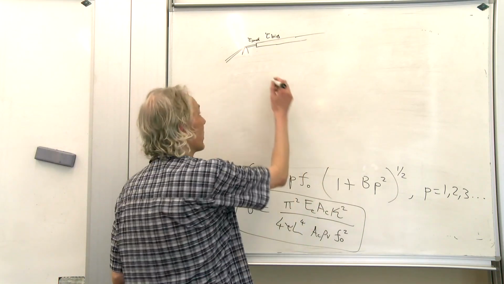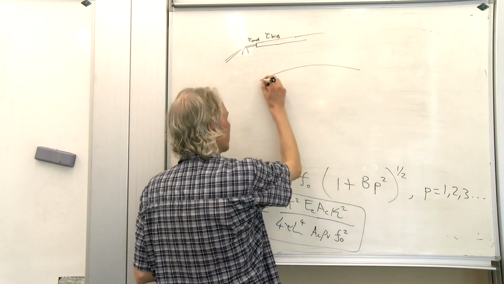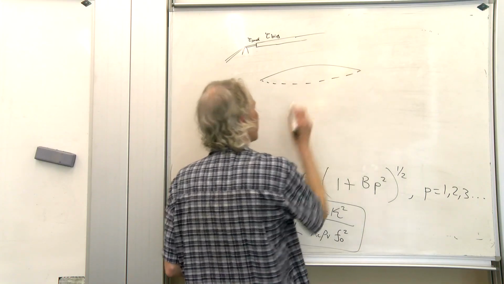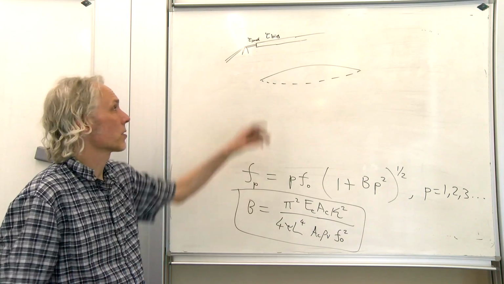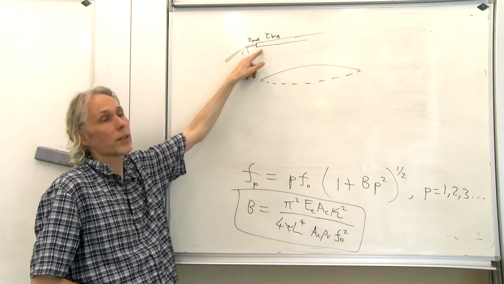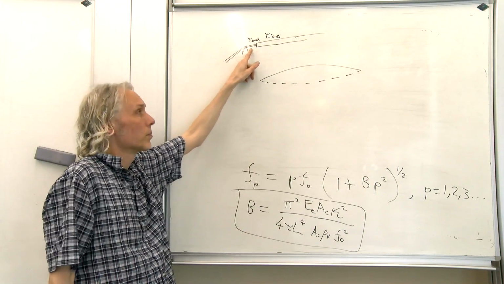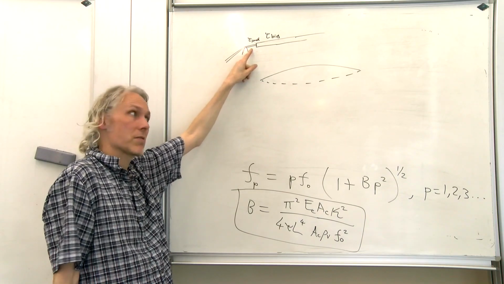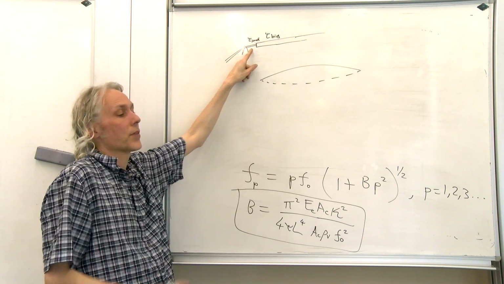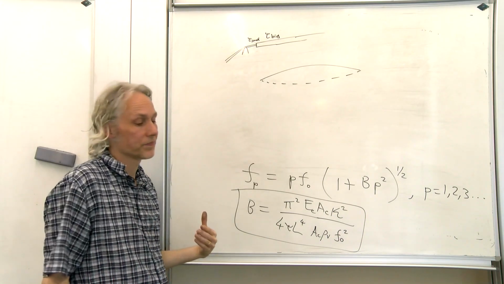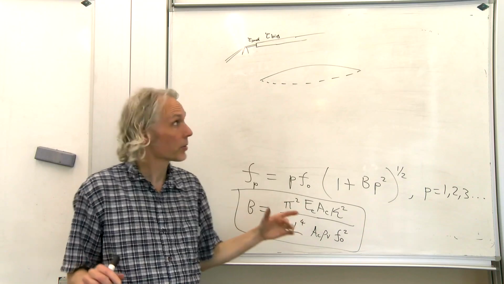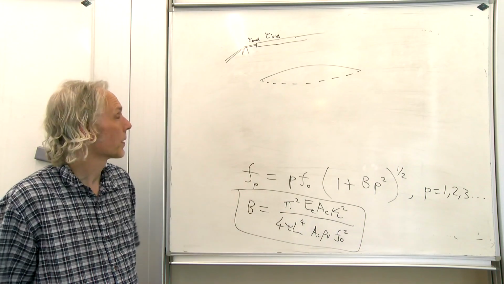So here's a fundamental frequency. If we consider a string which is vibrating at the same frequency but is a thinner string, the thinner string is going to have to be longer wavelength to actually have the same frequency.